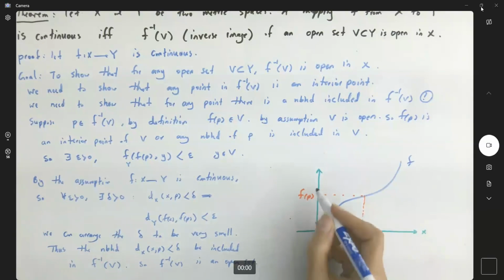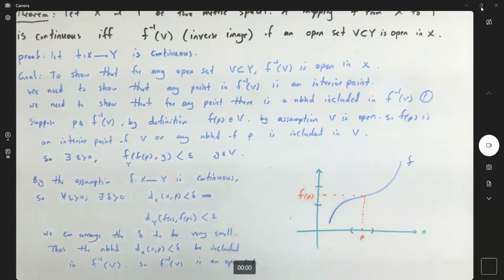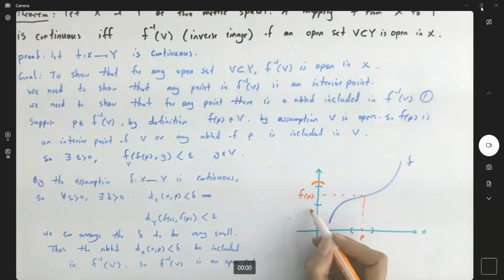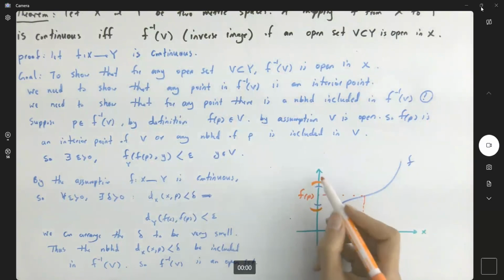Open interval around p, open interval around f of p. And V is an open set in Y.